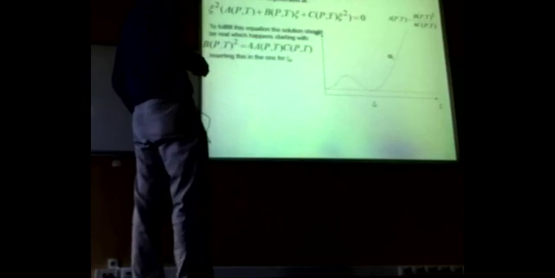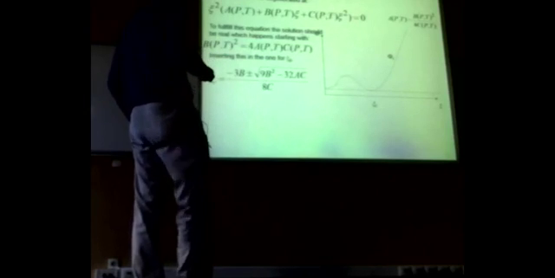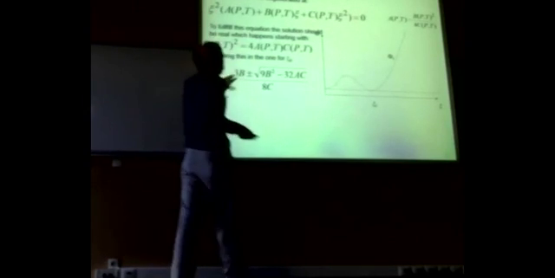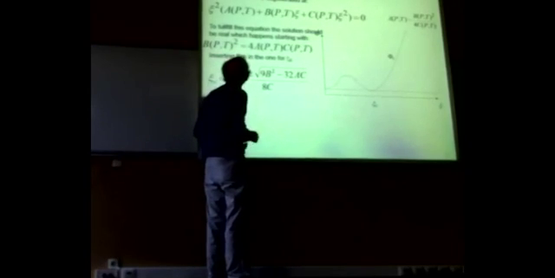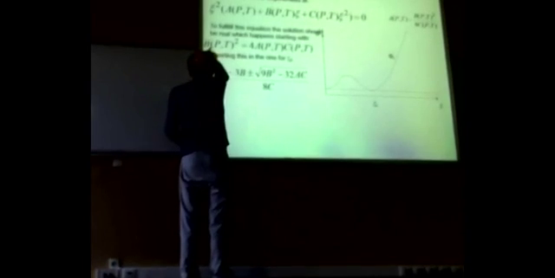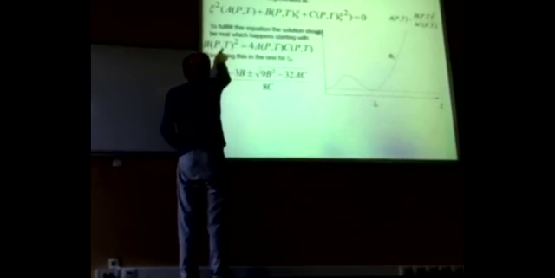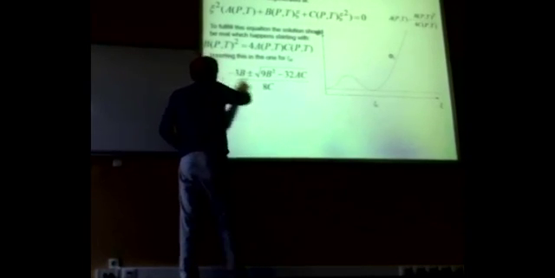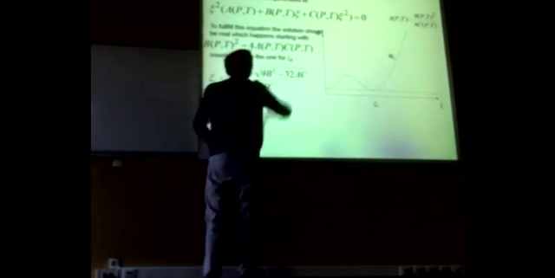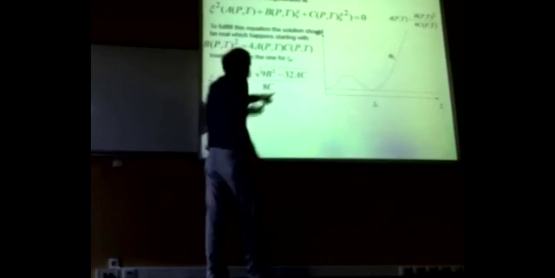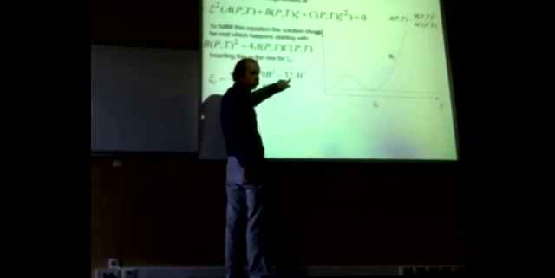Now, if we insert this in our expression for psi, this is the expression we derived before. Now we insert ac is equal to b squared divided by 4. If we insert that inside here, then it turns out there is standing here 8. 32 divided by 4 is 8.